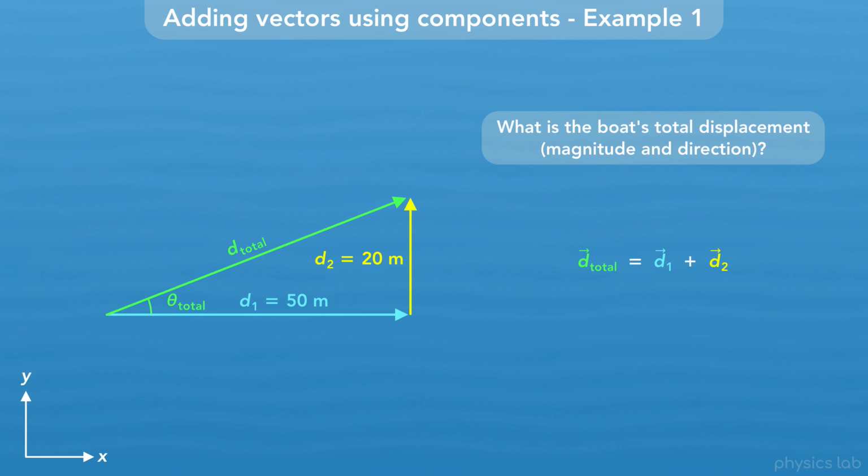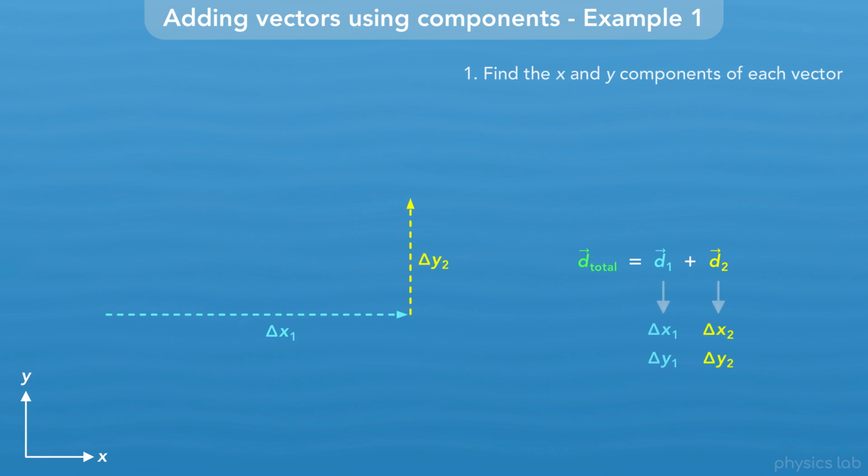So how do we find the magnitude and the angle of d total? We learned in a previous video that if we want to find the magnitude and angle of a vector, we need to know its x and y components. So how can we find the components of d total? First, we need to find the x and y components of d1 and d2.